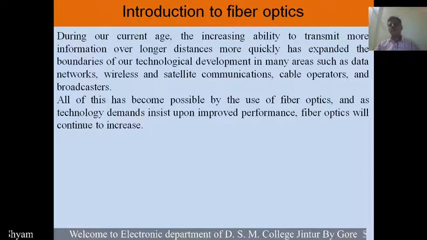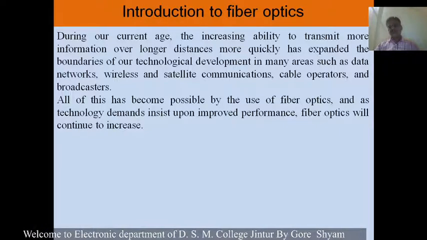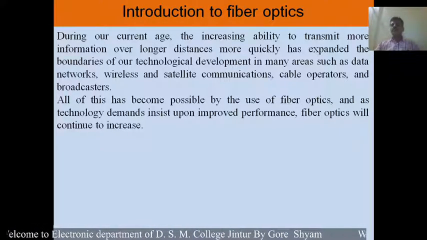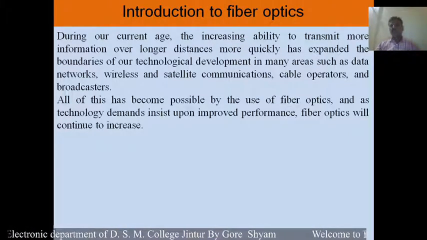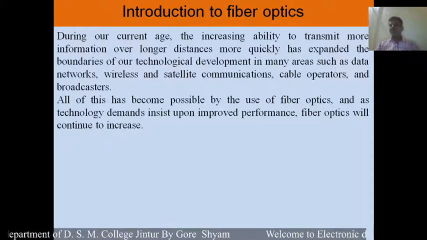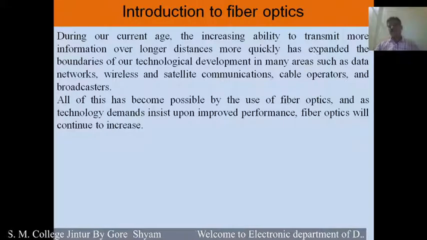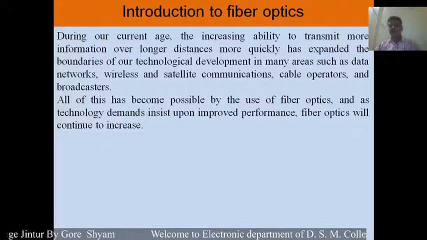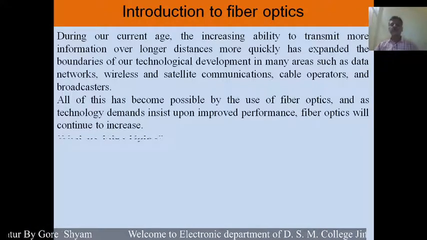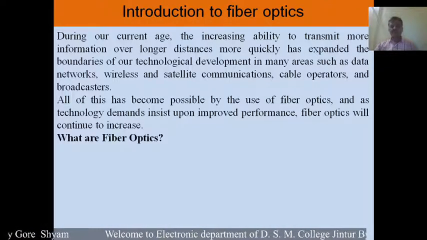These two technologies have many drawbacks, and due to that a new emerging technology was developed, known as fiber optics, and fiber optics is able to transmit information at very high speed.